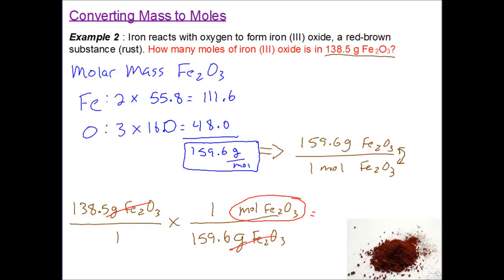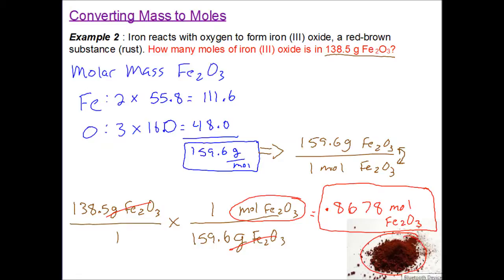And when I divide this, I get an answer rounded to 4 significant figures of 0.8678 moles of Fe2O3. And that is my answer, which is this stuff right there, rust.